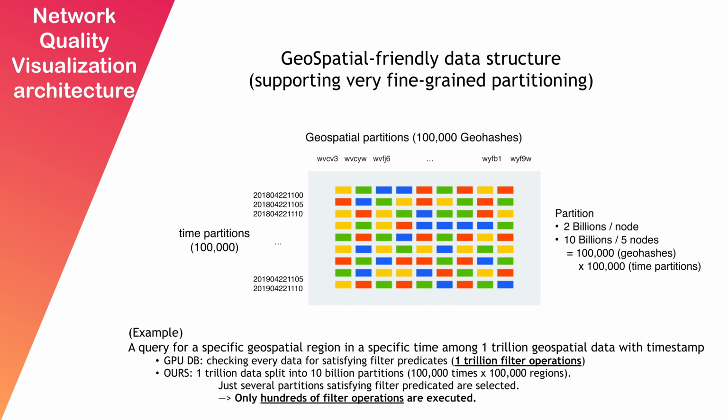But with ours, 1 trillion data will be split into 10 billion partitions, so several partitions satisfying the filter predicates will be selected. As a result, only hundreds of filter operations are needed.